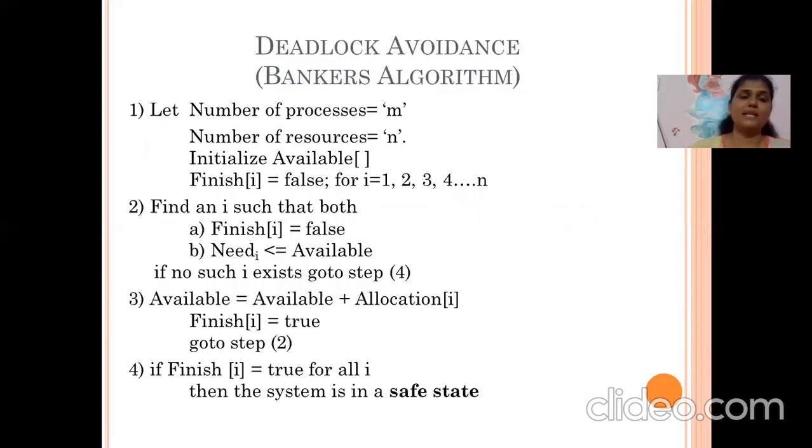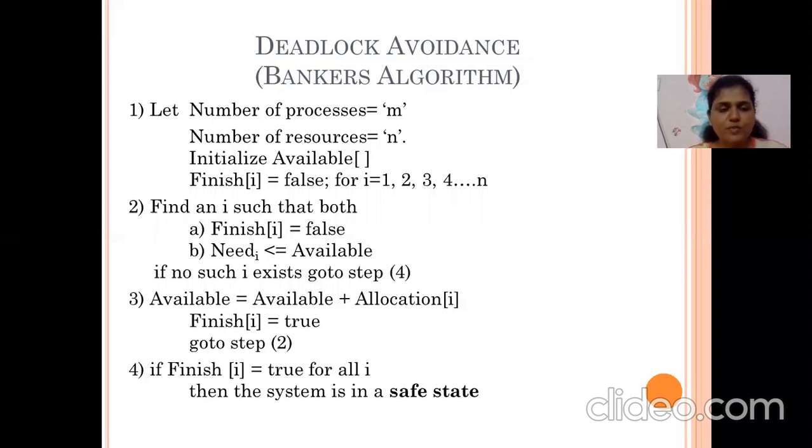Now, as I said, we will refer to this deadlock avoidance algorithm, that is Banker's algorithm, one more time after completion of the example. Now it will be more clear to you all, right? So there are 4 steps. First is initialization. In the second step, we identify a process whose execution is not yet done and whose need is less than available. If both conditions are true, we take that process for execution.